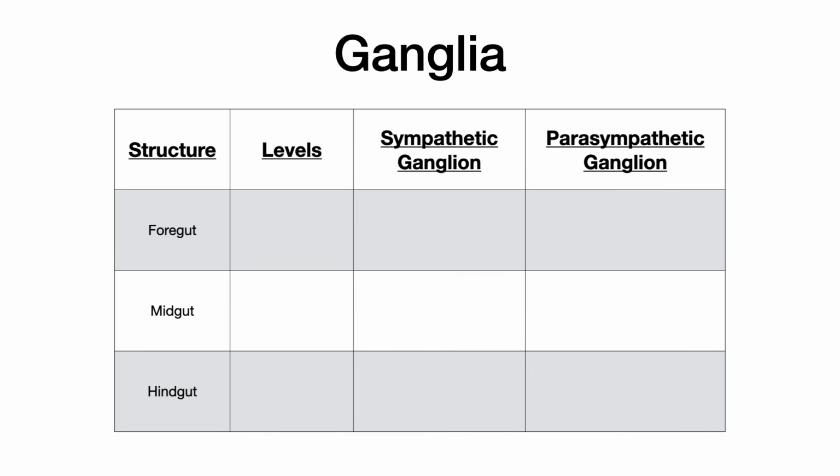The foregut runs from T5 to T9. The sympathetic ganglion responsible for providing sympathetic innervation to all of the viscera in the foregut is the celiac nerve. The parasympathetic ganglion responsible for providing parasympathetic innervation to the viscera in the foregut is the vagus nerve.